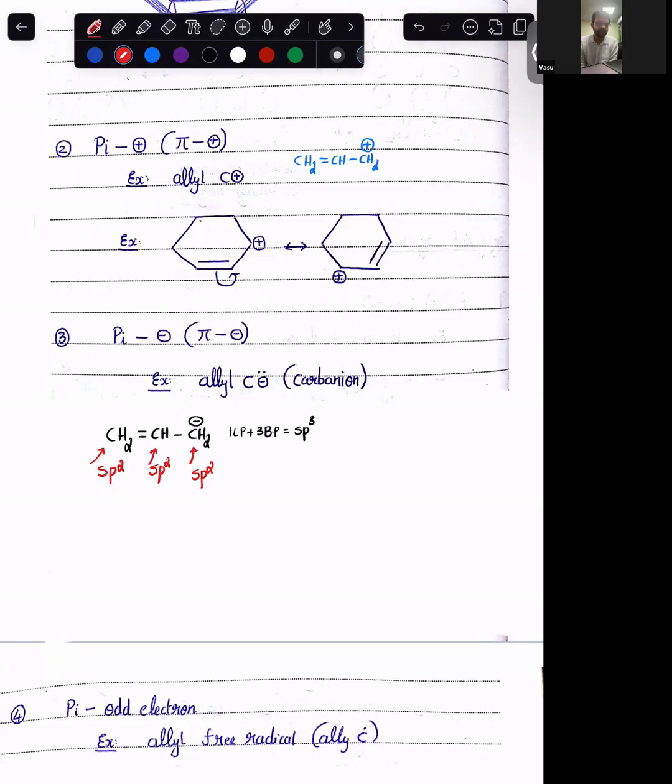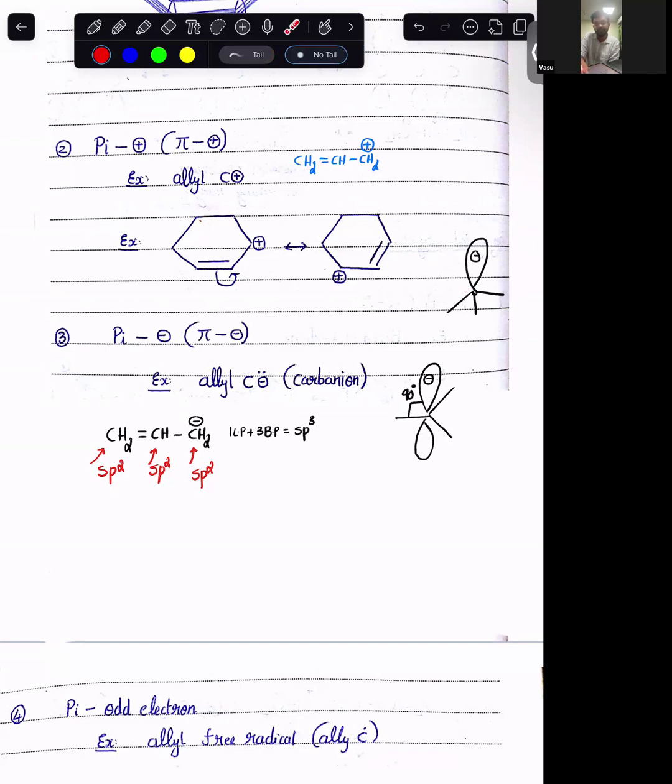But if you make it sp2, the shape is trigonal planar, and you will have the lone pair at an angle of 90 degrees. Agreed? Whereas in sp3 you have the same lone pair at an angle of 109.5 degrees or greater. So 90 degrees is lesser when compared to this.